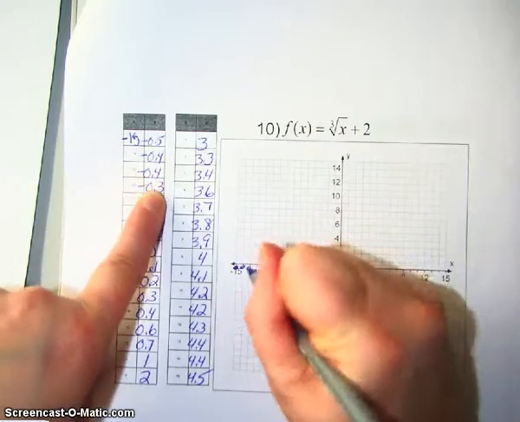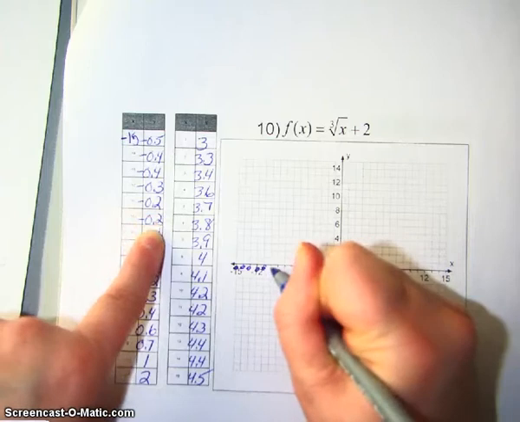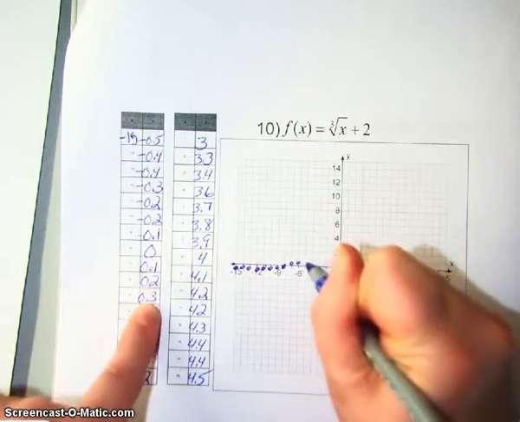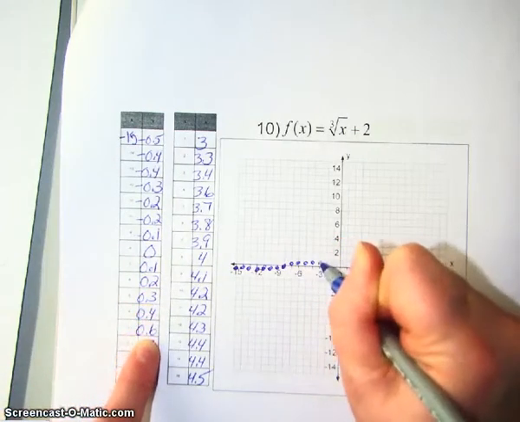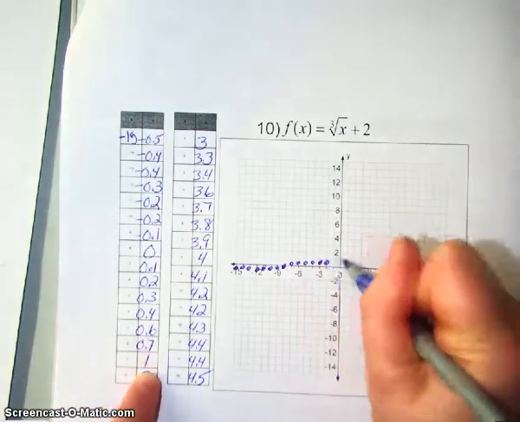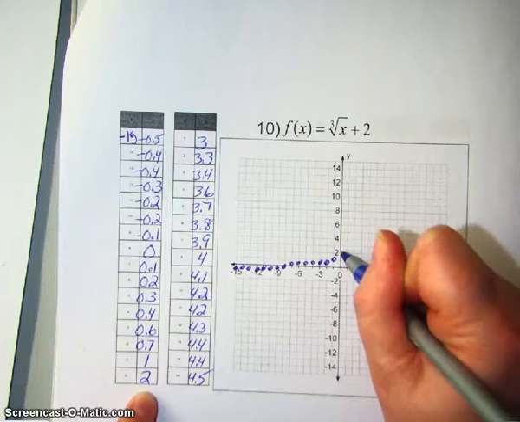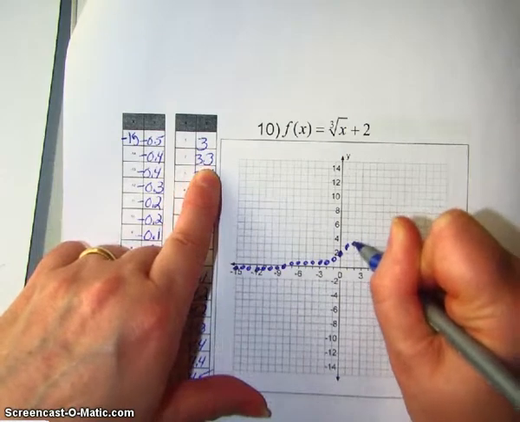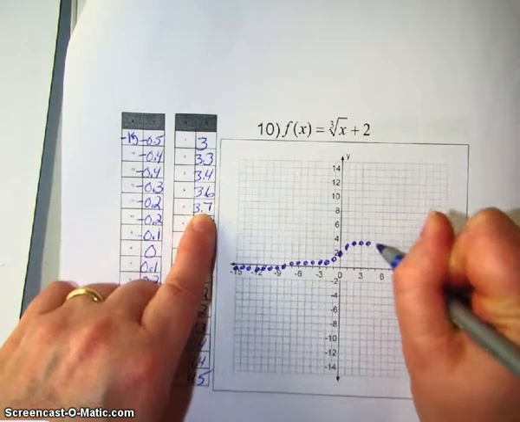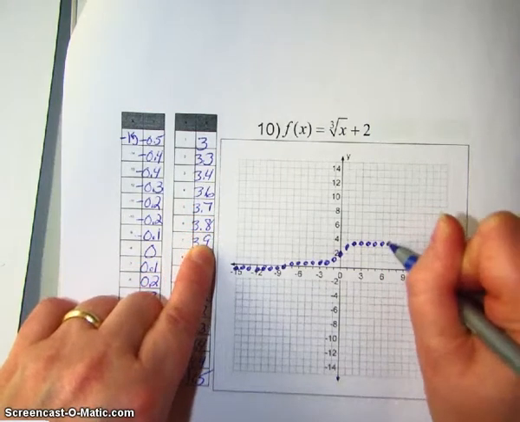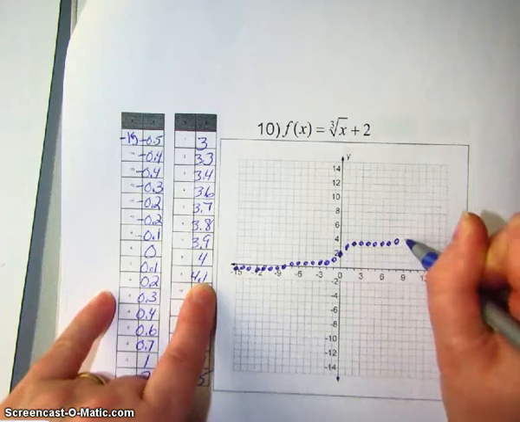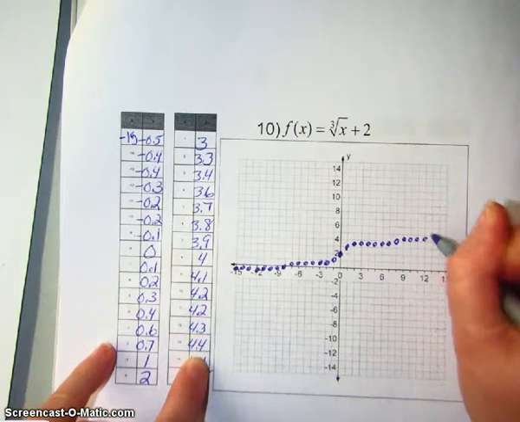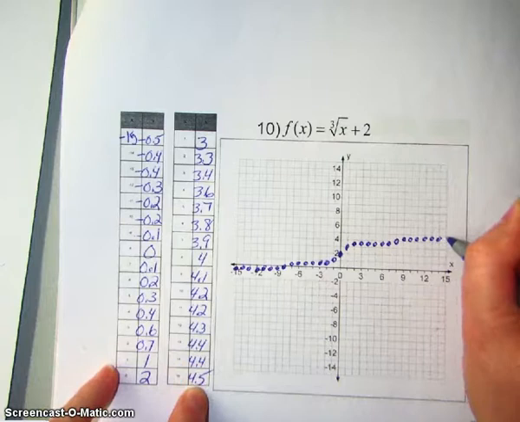Negative 0.4, negative 0.4, negative 0.3, negative 0.2, negative 0.2, negative 0.1, 0, 0.1, 0.2, 0.3, 0.4, 0.6, 0.7, 1, 2, 3, 3.3, that's between 3 and 4, 3.4, 3.6, 3.7, 3.8, 3.9, 4, 4.1 is between 4 and 5, 4.2, 4.2, 4.3, 4.4, 4.4, 4.5.